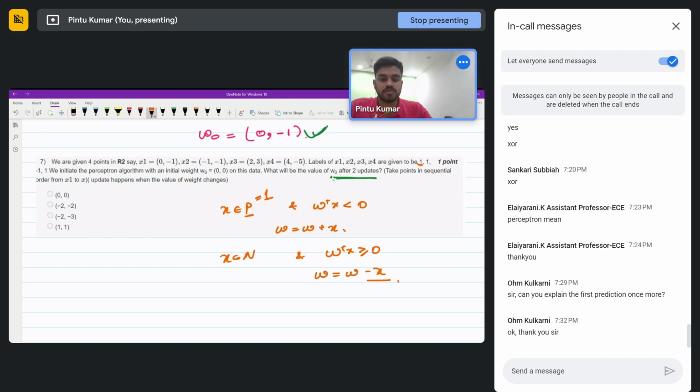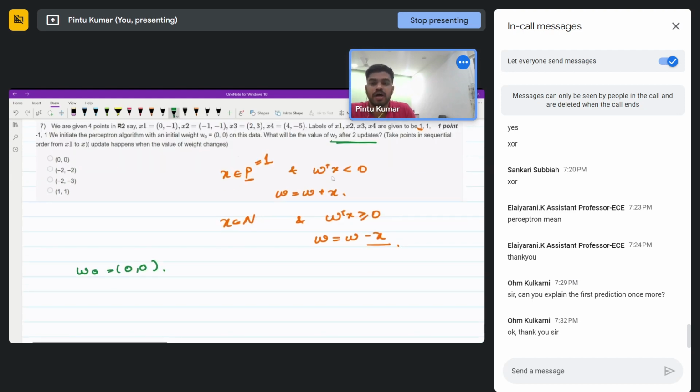Okay, so I'll start. My W naught is given to be (0, 0). My x1 is (0, -1), and y1 for this is 1. So x1 belongs to the positive class.